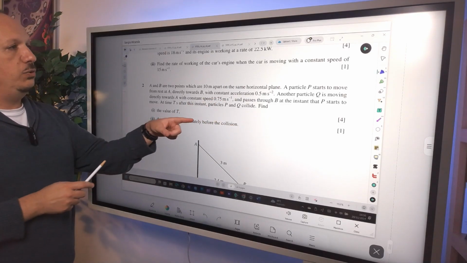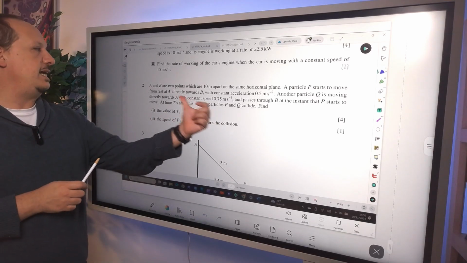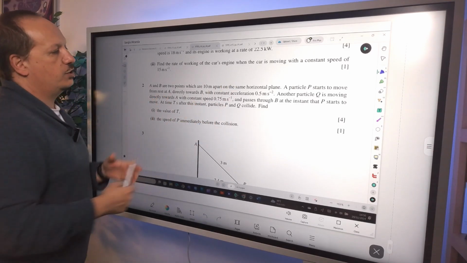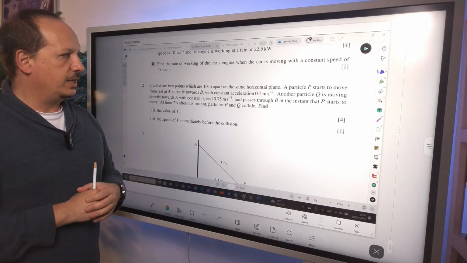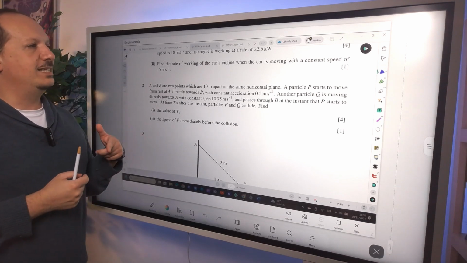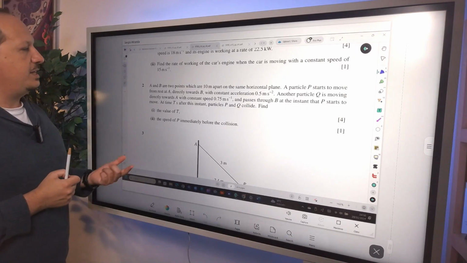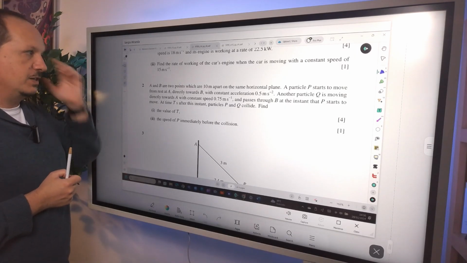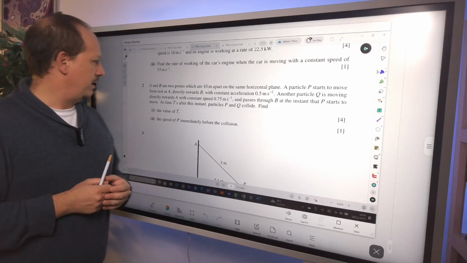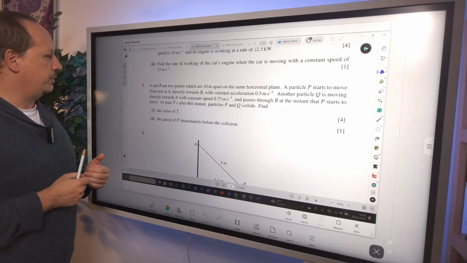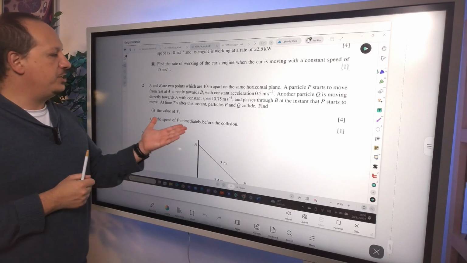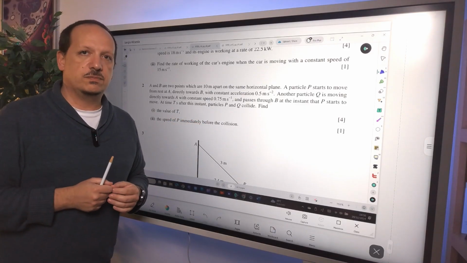Another particle Q is moving directly towards A with constant speed 0.75 meters per second and passes through B at the instant that P starts to move. At time t seconds after this instant, particles P and Q collide. Find first the value of t, then the speed of P immediately before the collision.